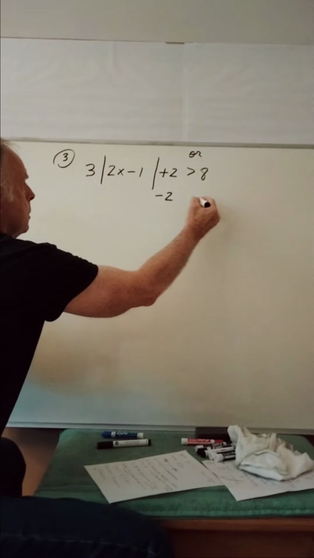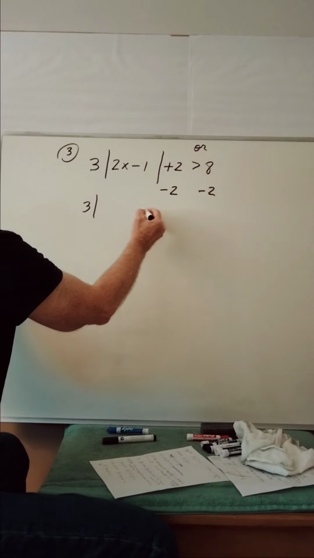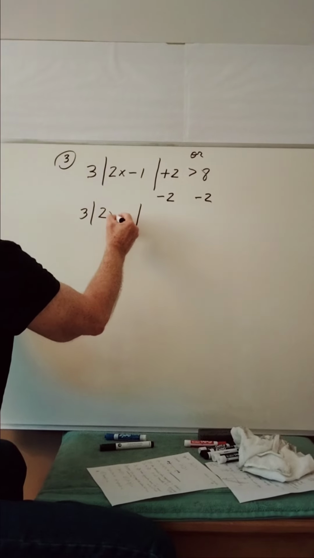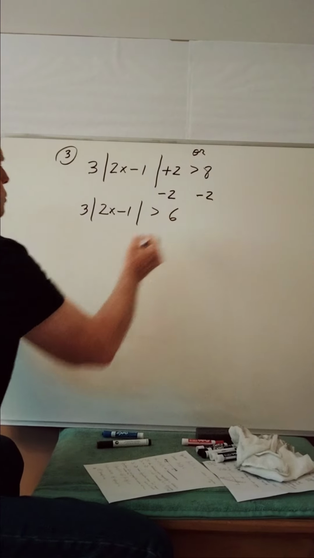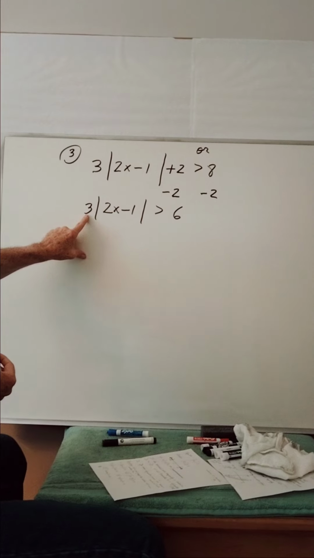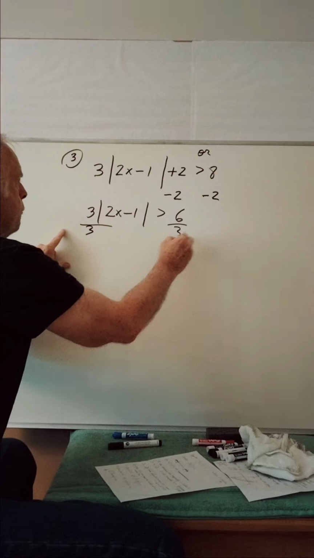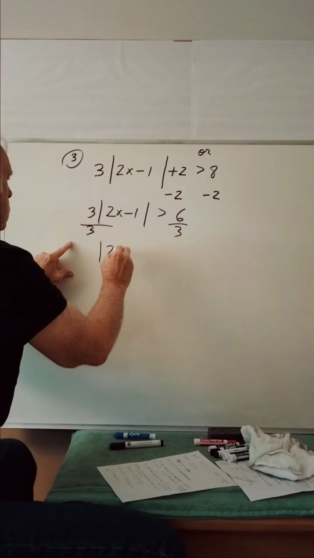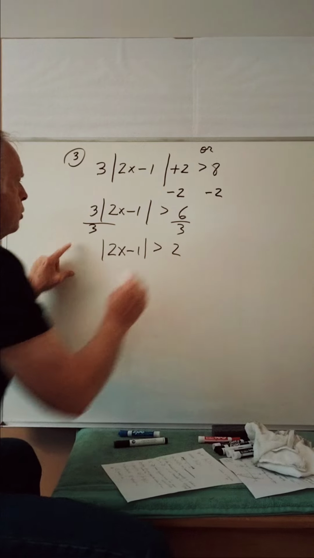Negative 2. Negative 2. 3 multiplied by the absolute value of 2x minus 1 is greater than 6. Let's get rid of that factor of 3. Over 3. Over 3. The absolute value of 2x minus 1 is greater than 2.